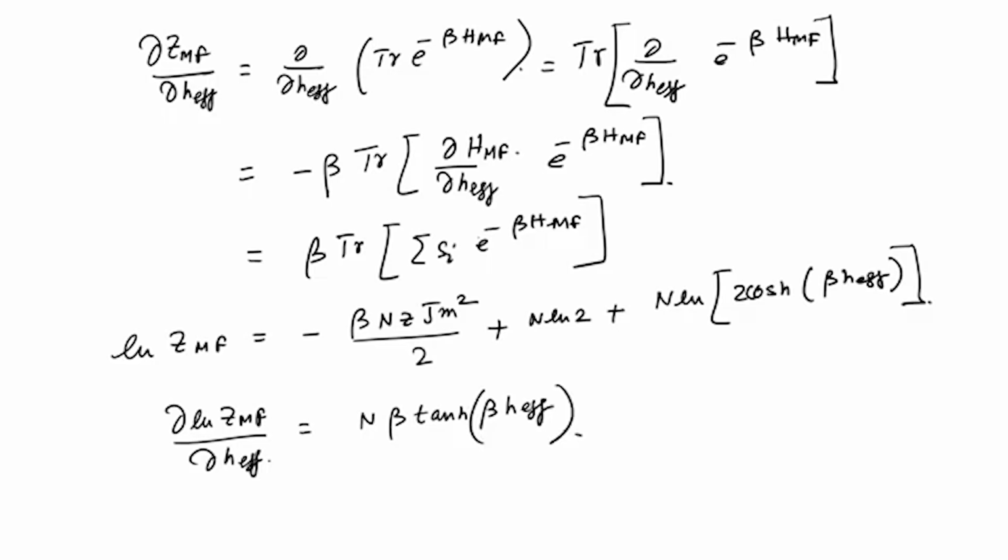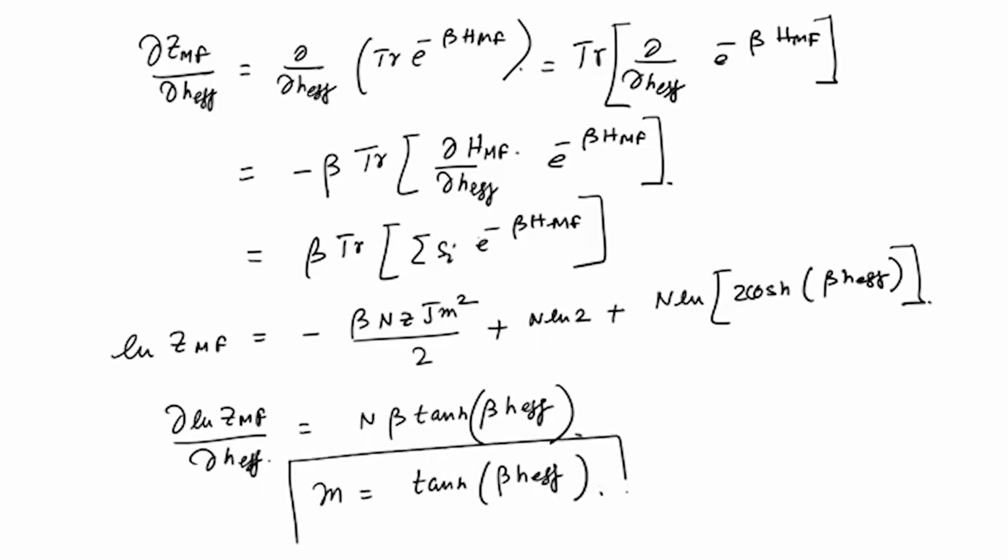So, we get this magnetization now is equal to tan hyperbolic beta H effective. Okay. So, this is the expression that we have to now solve. So, expression for magnetization. And why is it important?